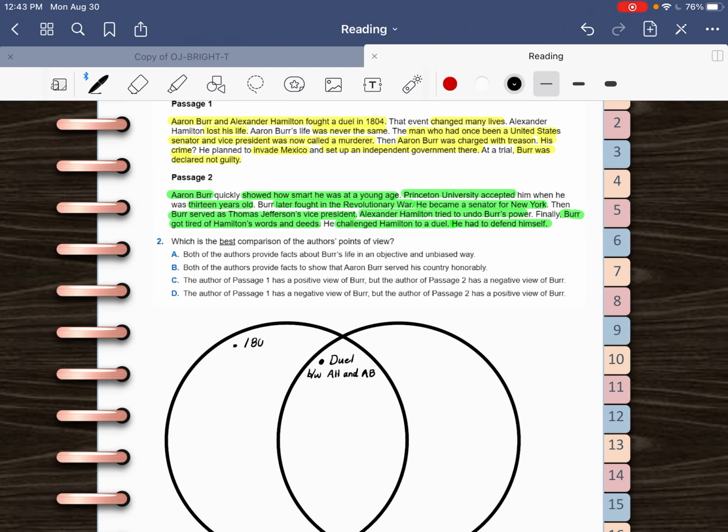Passage 1 tells me that it was in 1804. It tells me that Hamilton died. He lost his life. It tells me that Aaron Burr, who had once been a senator and a vice president, was now called a murderer.